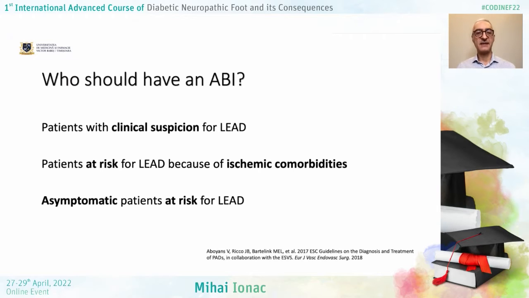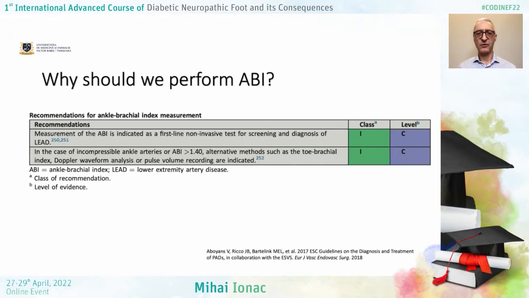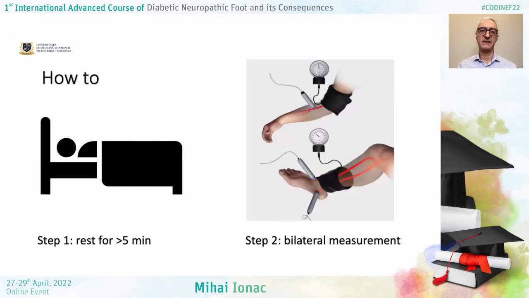And also patients who are asymptomatic for PAD but at risk, meaning that they might have diabetes, hypertension, hypercholesterolemia, or are smokers, or all of these. The guidelines of the European Society for Vascular Surgery recommend ankle brachial index as the first-line non-invasive test for screening and diagnosis of lower extremity arterial disease.